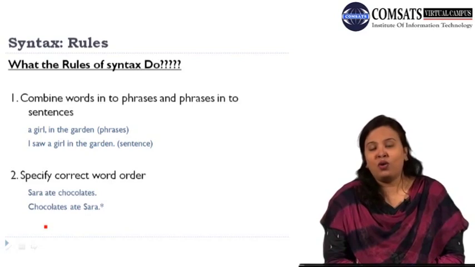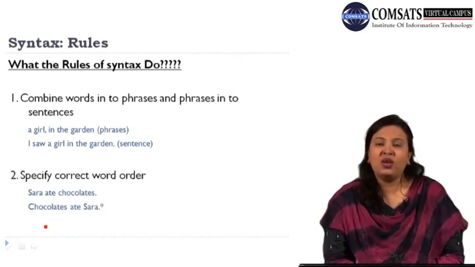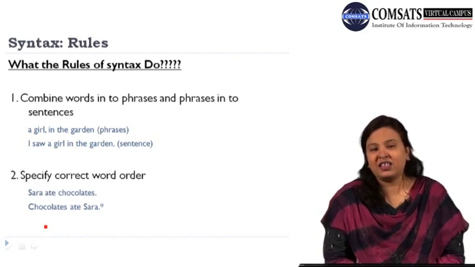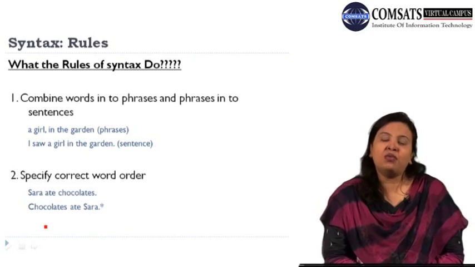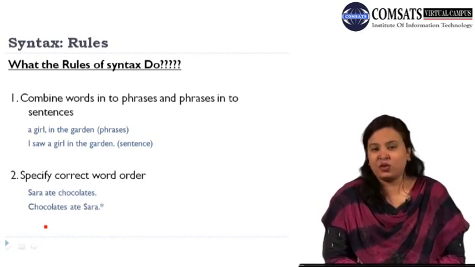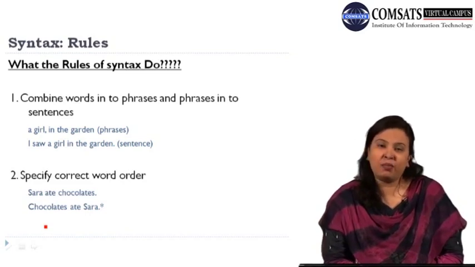We have to follow the word order, like we use a subject, verb, object order in the English language. So these rules help us to get certain meaning with respect to that language. Now we will study these syntax rules, or the formation rules of sentences, and how they help us.